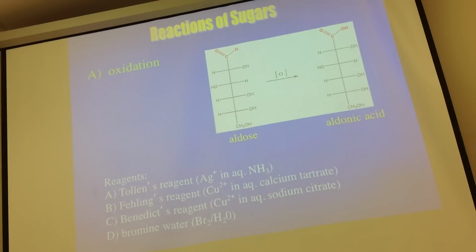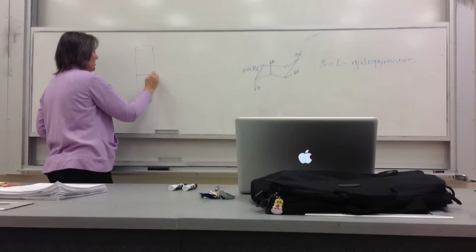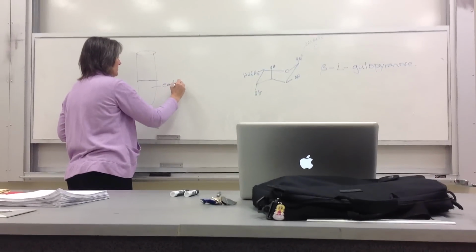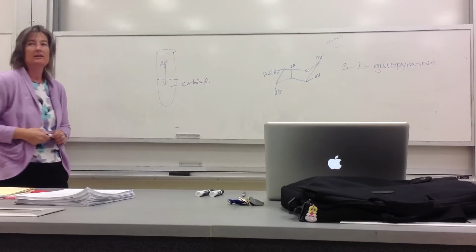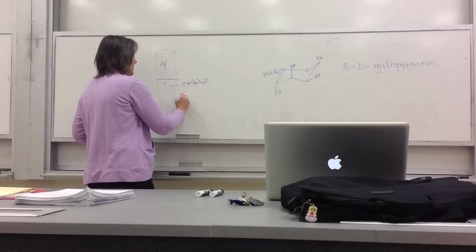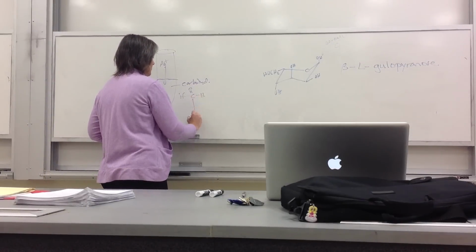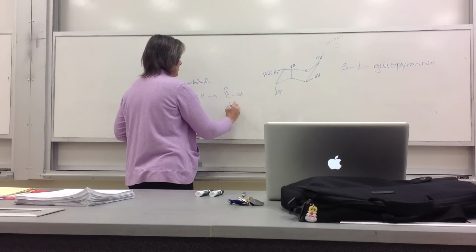And what they do to test to see if the open chain exists is they'll, for example, with Tollens, sometimes it's called the silver mirror test. And so what you do, if you have a test tube, you have your carbohydrate, you put in silver ion and aqueous ammonia, put it in dropwise. If you have an aldehyde present, so if that straight chain exists, it will go to a carboxylic acid.